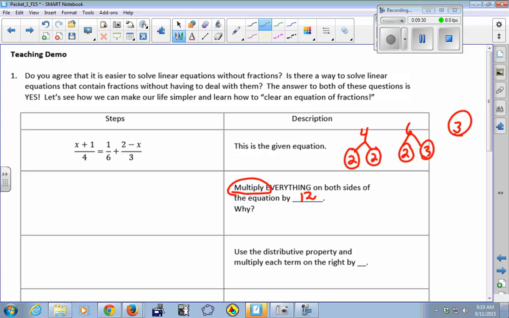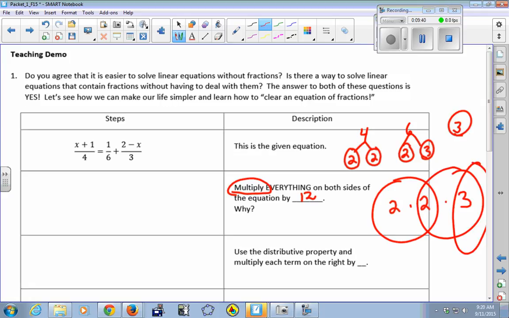I'm going to show you how to do this with circles. Okay, so you see here, here's the number 4. Here's the number 6, 2 times 3, but I borrowed this 2 because it was already there. Then here's the number 3. So the multiple's right here, straight across, 2 times 2 times 3, it's 12.